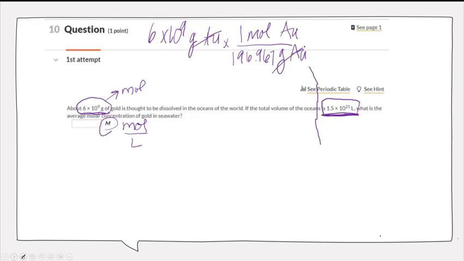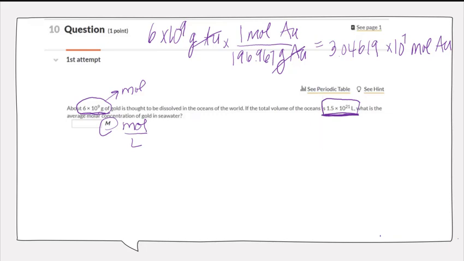So grams and grams are diagonal from each other, so they'll cancel out. And we're going to get 3.04619 times 10 to the 7th moles of gold.